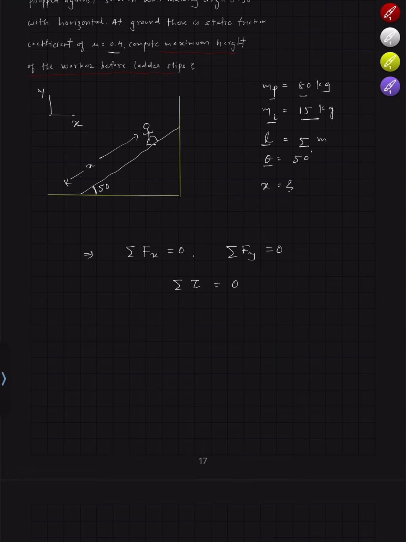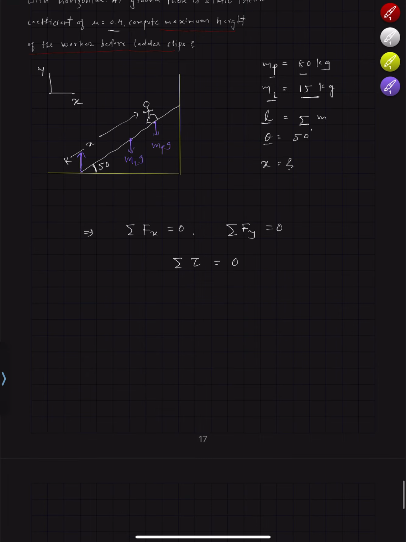First, the weight force of the ladder, which is m_l g. Second, the weight of the person, which is m_p g, and there is a normal force by the ground on the ladder, which is in this direction.